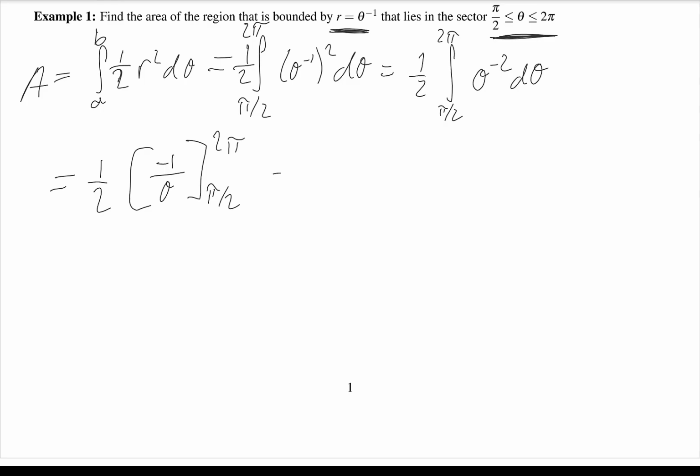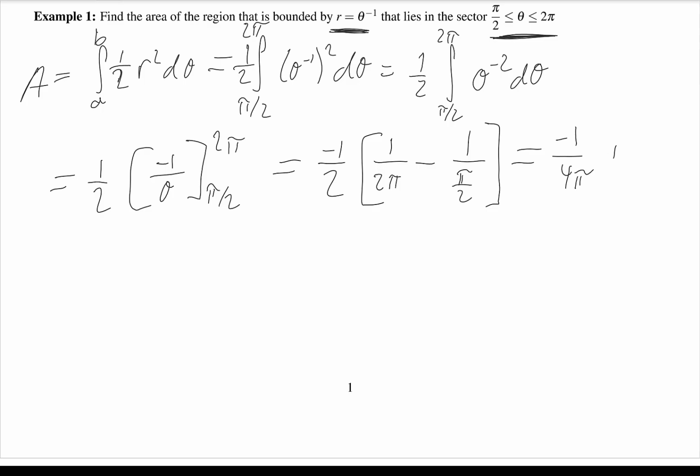Then this would be -1/2 times 1 over theta, so we go from 2 pi, so 1 over 2 pi, minus, now we plug in pi over 2. If I multiply my 2 out on bottom and my -1 on top, I'll get -1 over 4 pi plus 1 over, if I do 2 times pi over 2, that'll just give me pi on bottom. So this would be the area of that region.